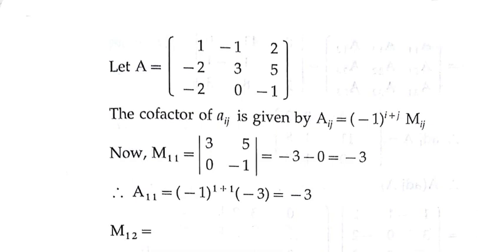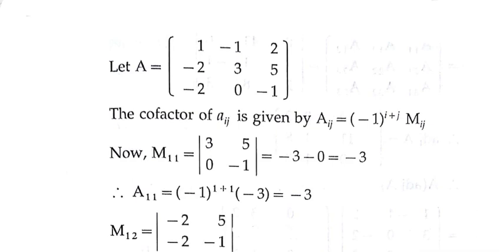Next is M12. The next minor we are going to find is M12, that is first row, second column. For finding minor M12, we delete first row, second column. Once you delete first row, second column, the remaining elements are minus 2, 5, minus 2, minus 1.